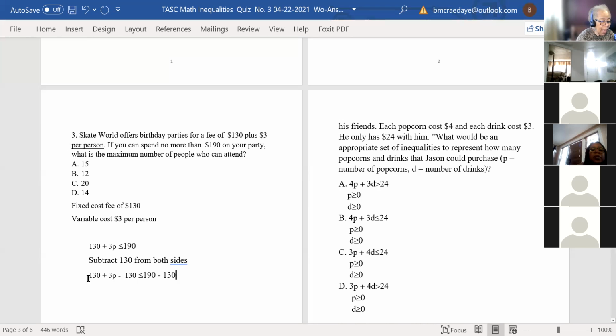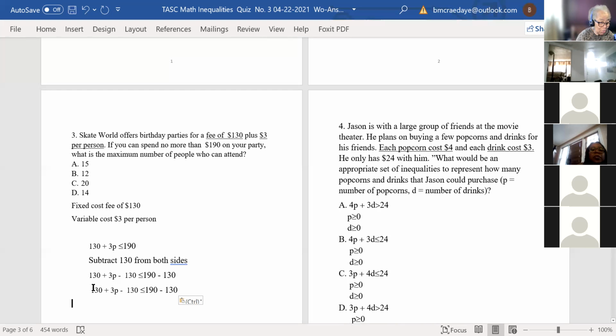Now Alba, what do I have left on the left side when I subtract the 130? 0 plus 3P. That's it. Excellent. Since that's 0, let's take our 130 out, so we don't have to say 3P plus 0, right? Okay, what's 190 minus 130, Alba?